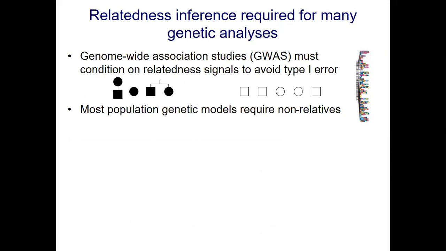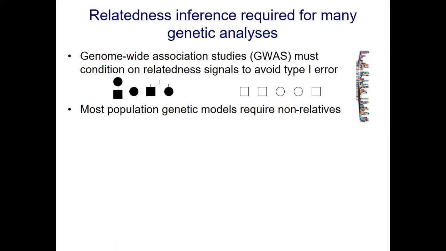But if there are more close relatives in the cases than there are in the controls, you can, in fact, get spurious associations to a phenotype, a disease, or some sort of trait that has to do with the relatedness among those cases as compared to truly biologically meaningful association signals.